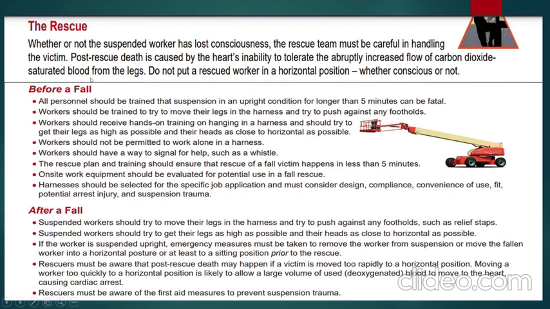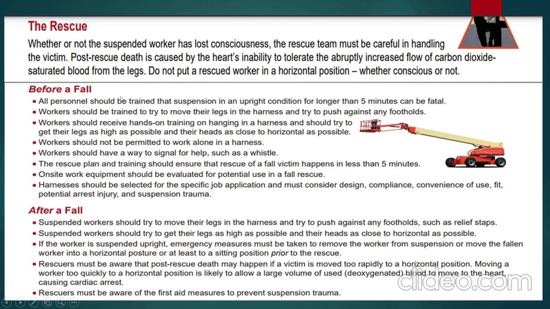So when we rescue the worker, we must carefully follow the instructions to avoid any kind of unwanted event during the rescue process.